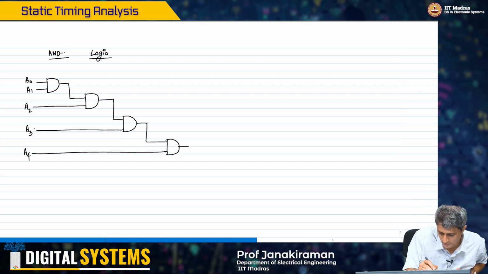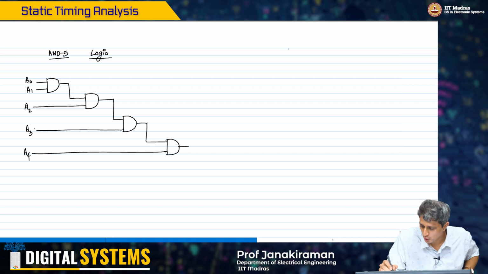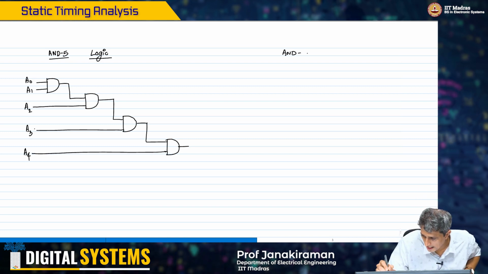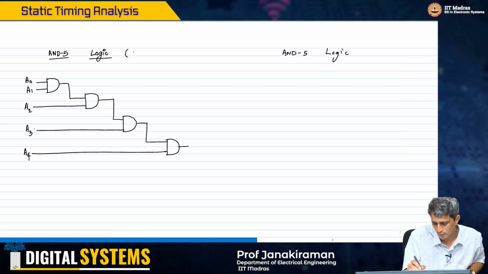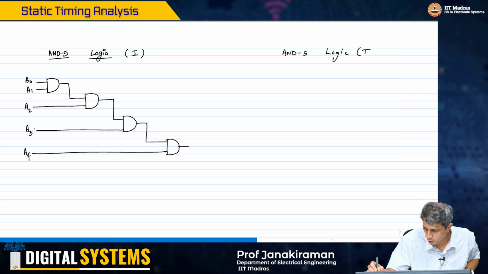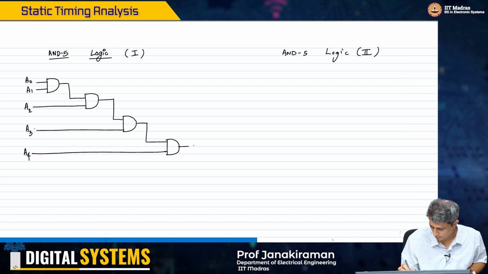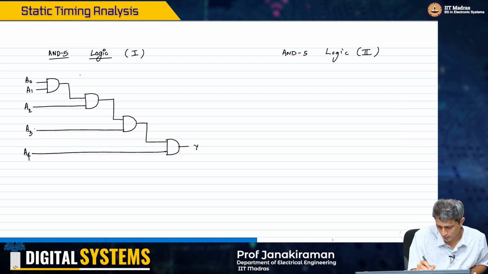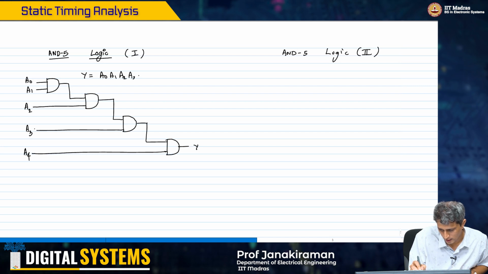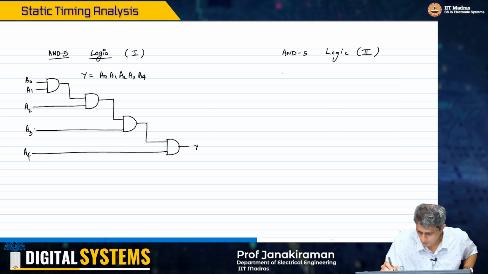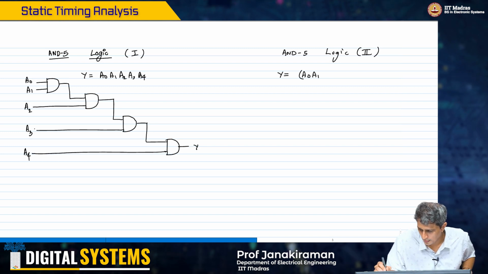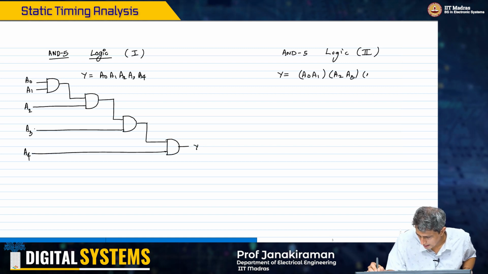I'm going to talk specifically of an AND5 logic, and I will talk about another implementation: implementation 1 and implementation 2. So I have y equal to A0, A1, A2, A3, A4. Now what I'm going to do is the following: A0, A1, then I'll do A2, A3, and then A4.